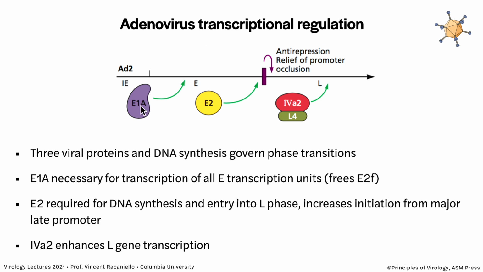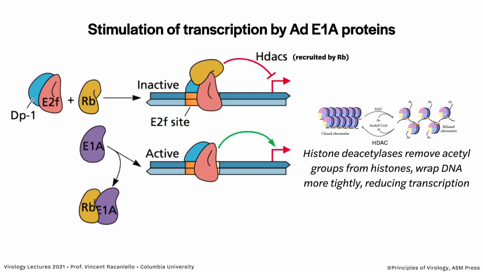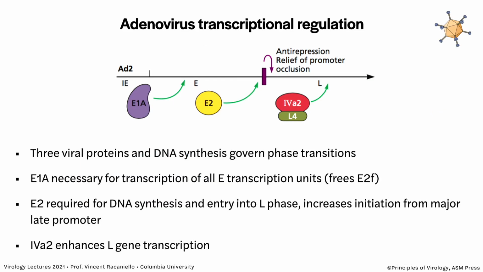We have this immediate early protein E1A being critical for getting started. So let's take a look at E1A. This is brilliant, and it's going to haunt us later on when we talk about how viruses cause cancer. E1A is necessary for transcription of the early genes because it frees E2F.